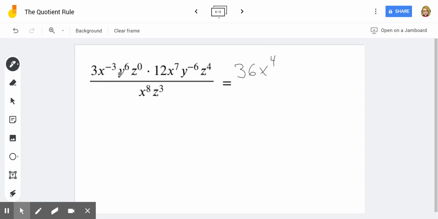Then our y's would be 6 plus negative 6, which would be y to the 0. Okay, z to the 0 plus z to the 4th would be z to the 4th. And then we have x to the 8th over z cubed.